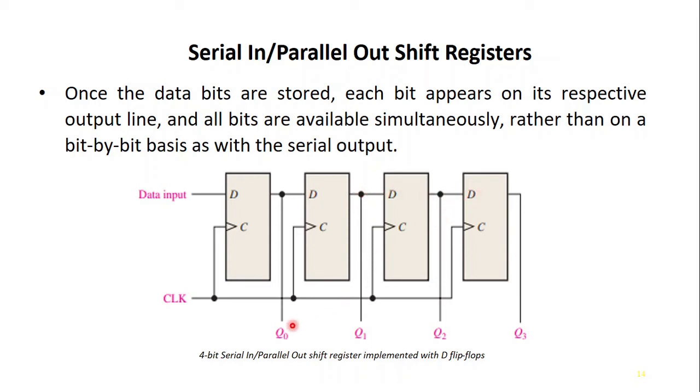The output is given simultaneously from each flip-flop: Q0 from the first flip-flop, Q1 from the second, Q2 from the third, and Q3 from the fourth one. For getting the output from this serial in, parallel out shift register, we need only one clock pulse.